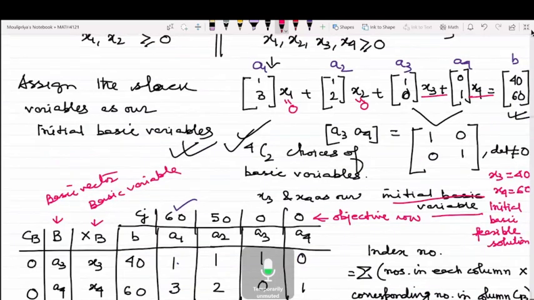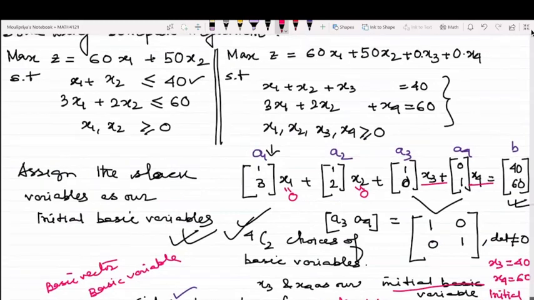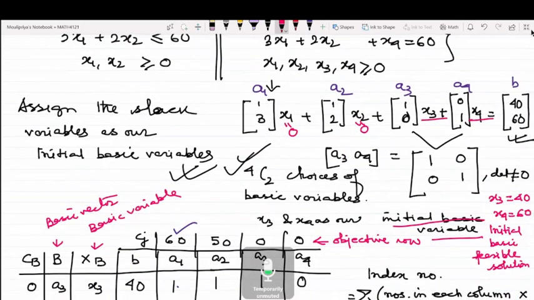Can I proceed? দুটো ভ্যালুই তো নন নেগেটিভ, তার মানে ফিজিবল। তাহলে আমরা বলছি আমাদের সলিউশনটা হচ্ছে ইনিশিয়াল বেসিক ফিজিবল সলিউশন। That in short form is also regarded as IBFS, initial basic feasible solution. আমি প্রত্যেকটারই কারণ বলে দিলাম কেন এরকম হচ্ছে.